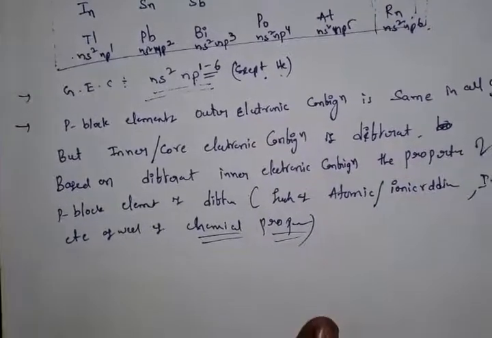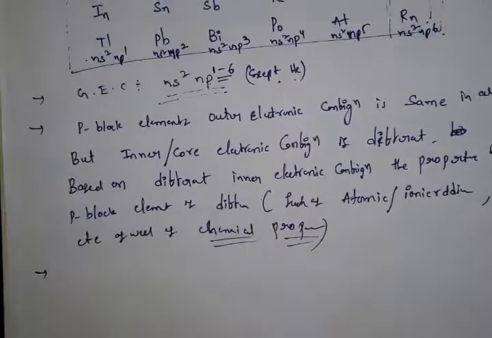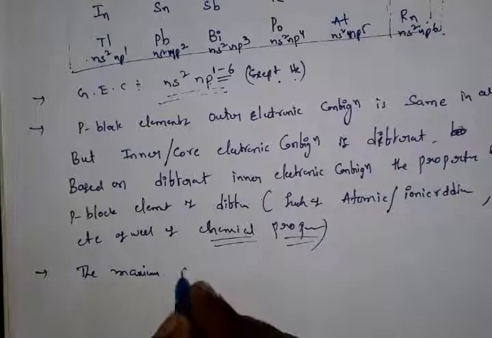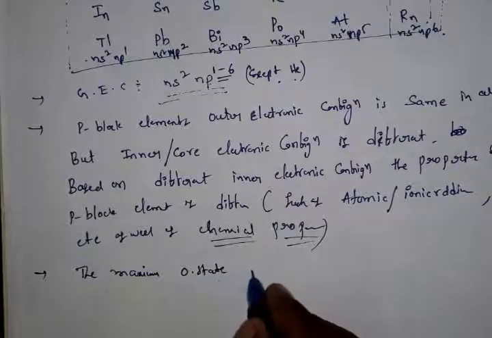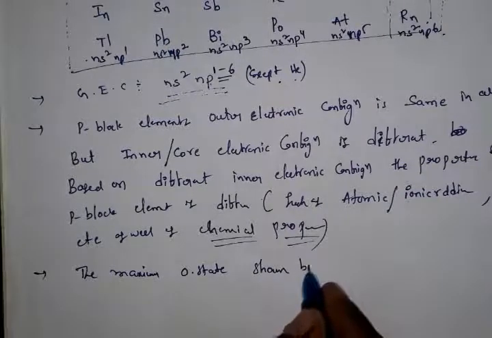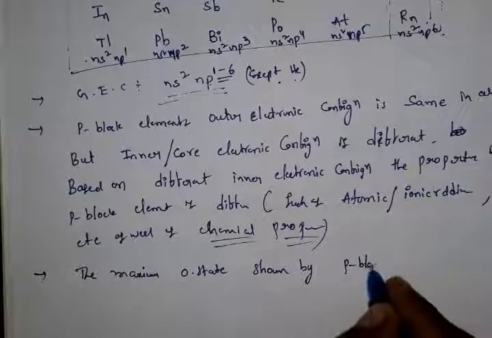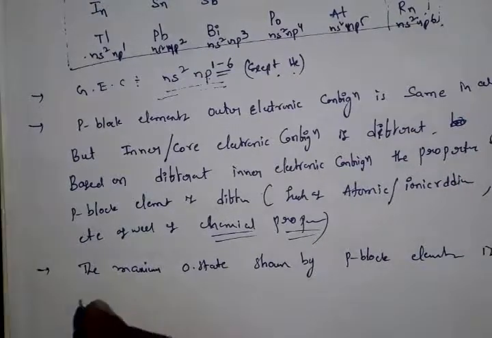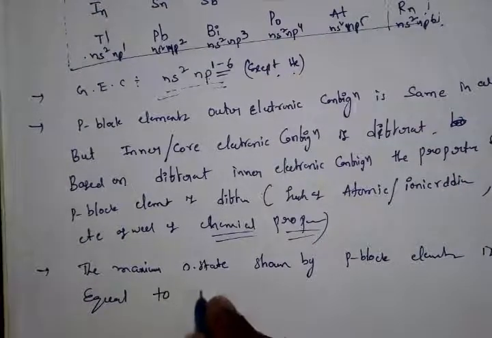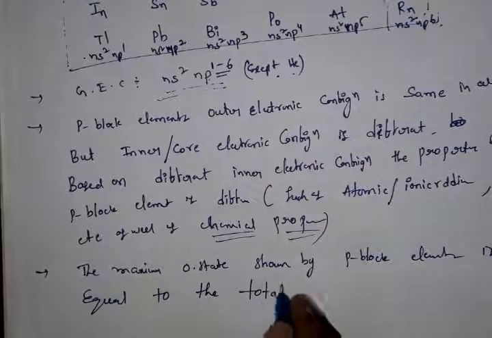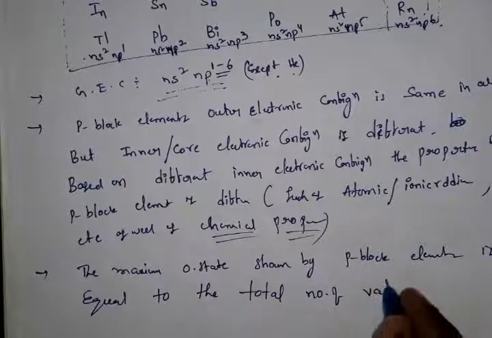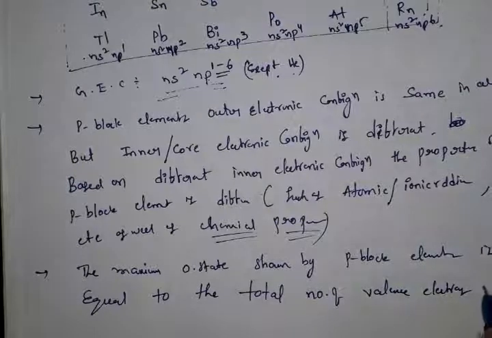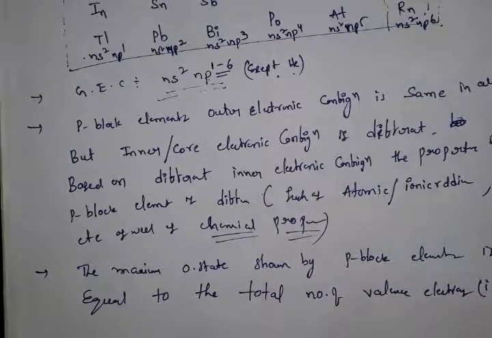Next, oxidation states. The maximum oxidation state shown by p block elements is equal to the total number of valence electrons, that is, the sum of the s and p electrons.